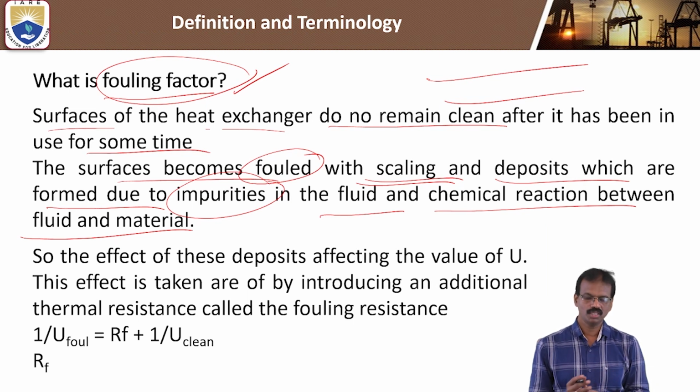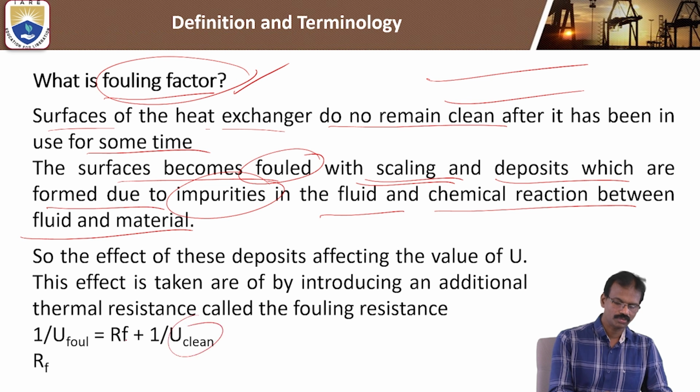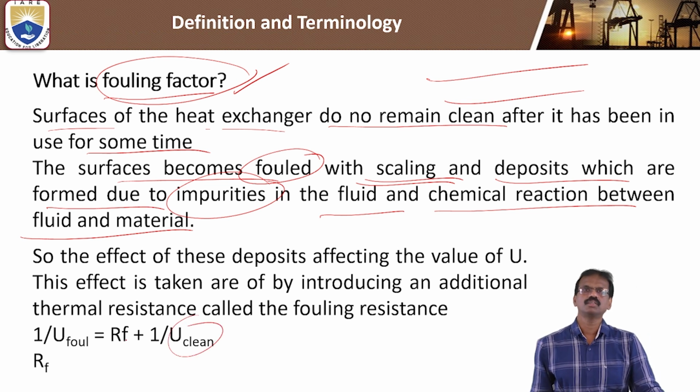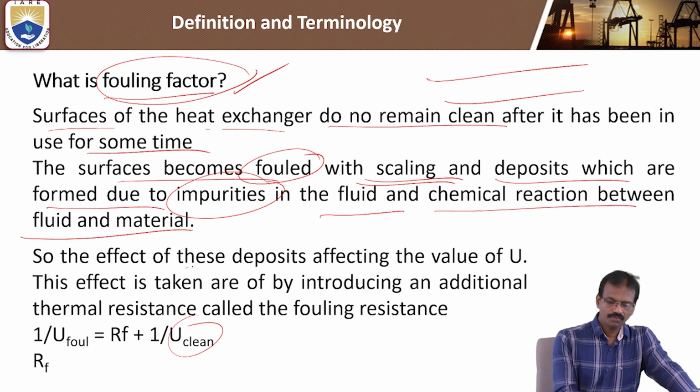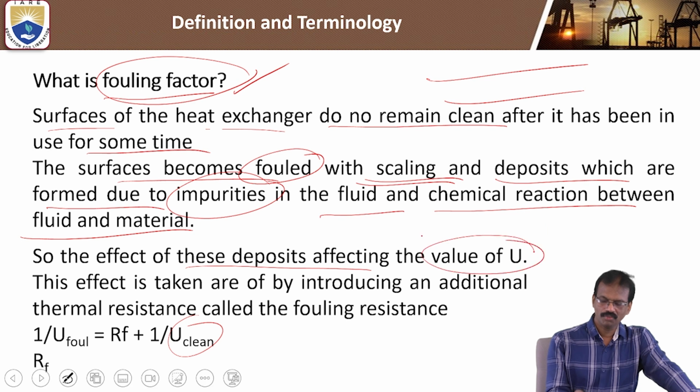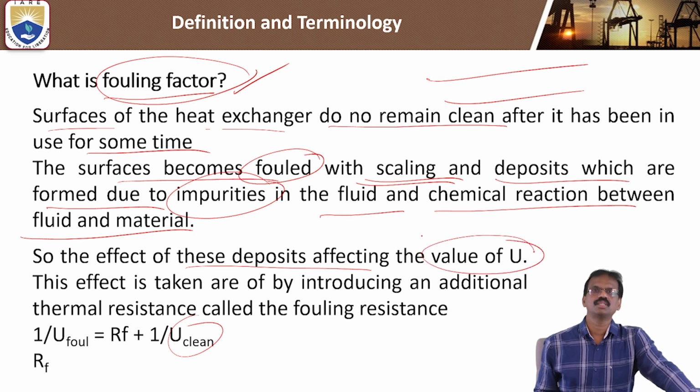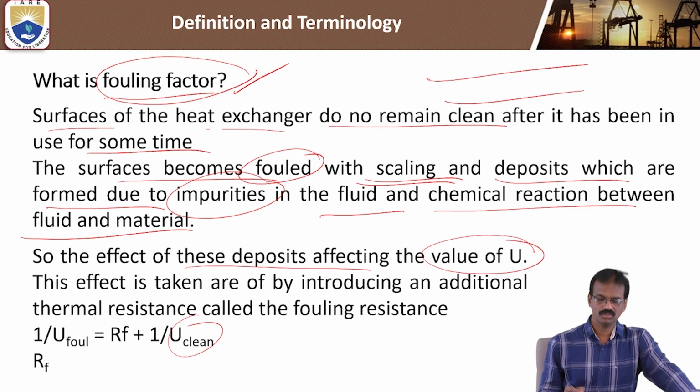Due to the scaling, automatically the heat transfer rate will decrease. So the scaling affects the overall heat transfer coefficient. The effect of these deposits on the value of the overall heat transfer coefficient is taken into account by introducing an additional thermal resistance.